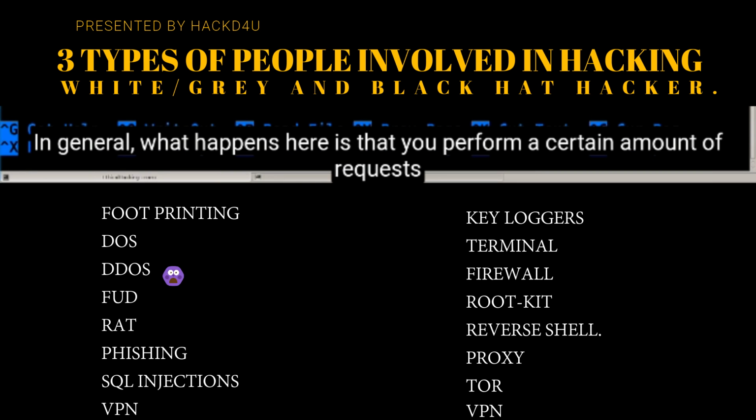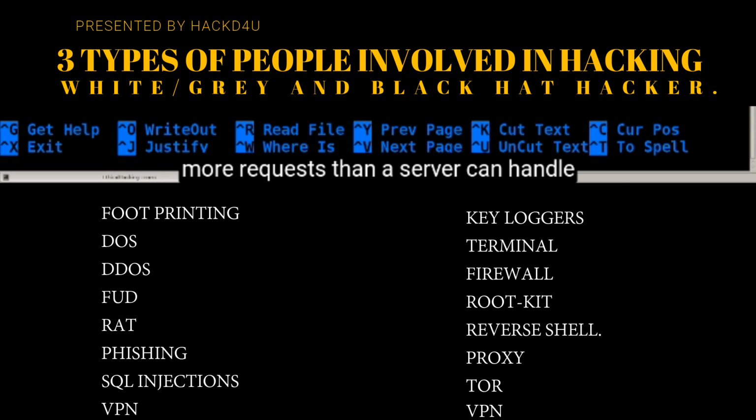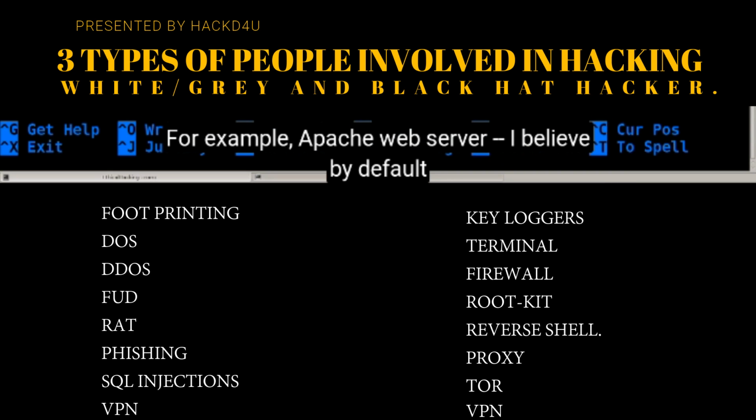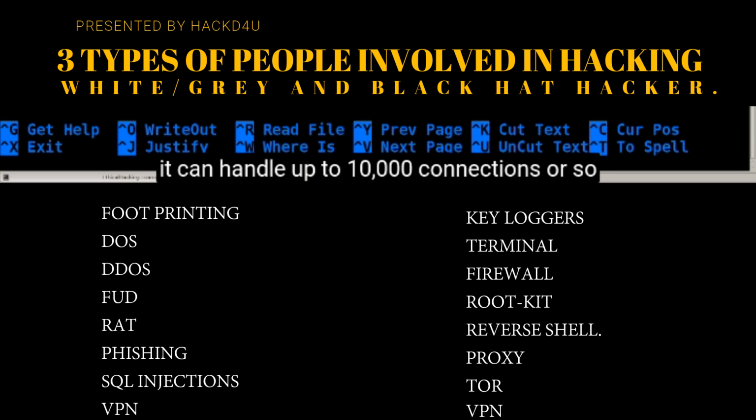In general, what happens here is that you perform a certain amount of requests, more requests than a server can handle, and then the server begins dropping connections. For example, Apache web server, I believe by default it can handle up to 10,000 connections or so.